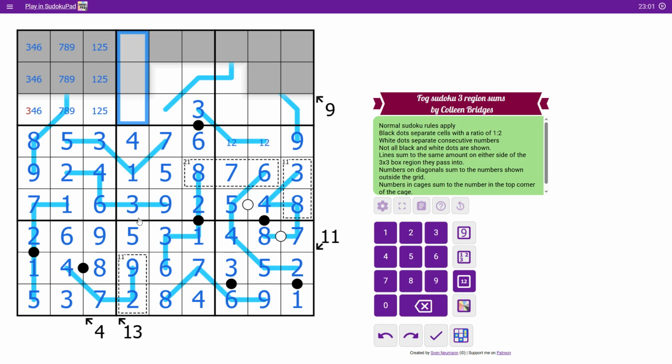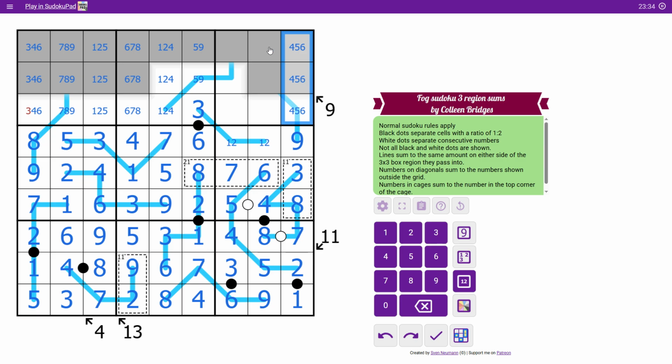This one 1, 2, 3, 4, 5, 6, 7, 8 missing. In this one 1, 2, 3, 4. This one's only got 2, 1, 2, 3, 4, 5, and 9 looks like. This one's only got 3 missing. 1, 2, 3, 4, 5, and 6, I think. Yep.